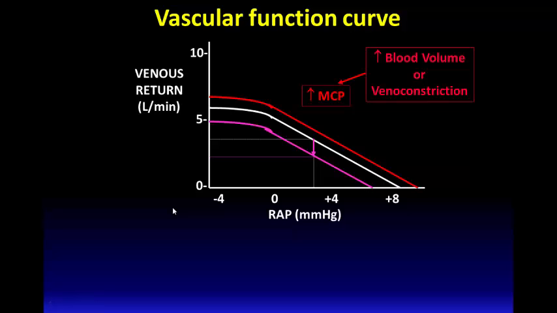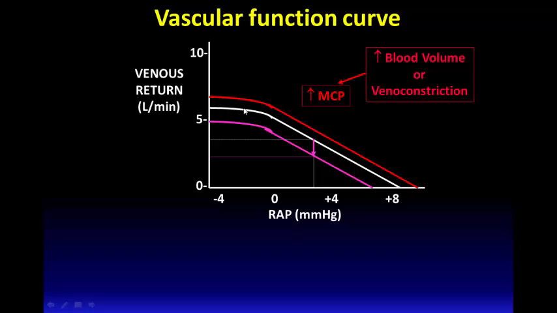An increase in the blood volume or a decrease in the venous capacity when there is venoconstriction would result in an increase in the mean circulatory pressure as we described earlier in the lecture, and hence the venous return curve, the vascular function curve, is shifted up.